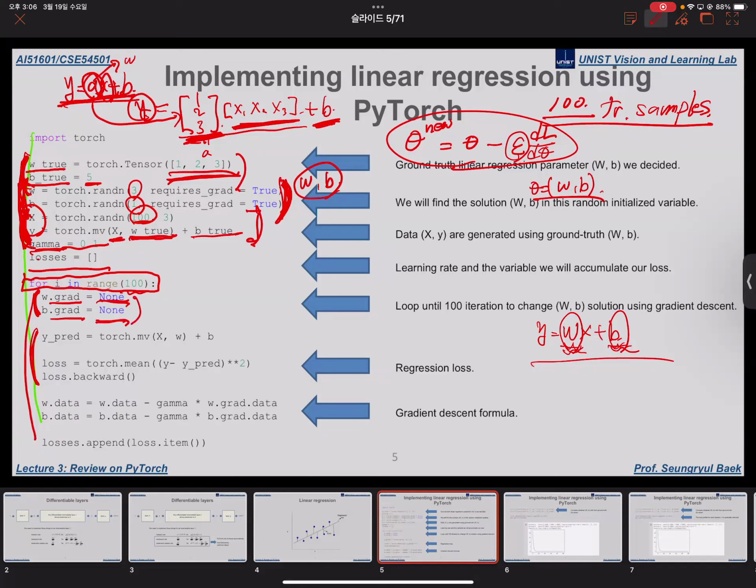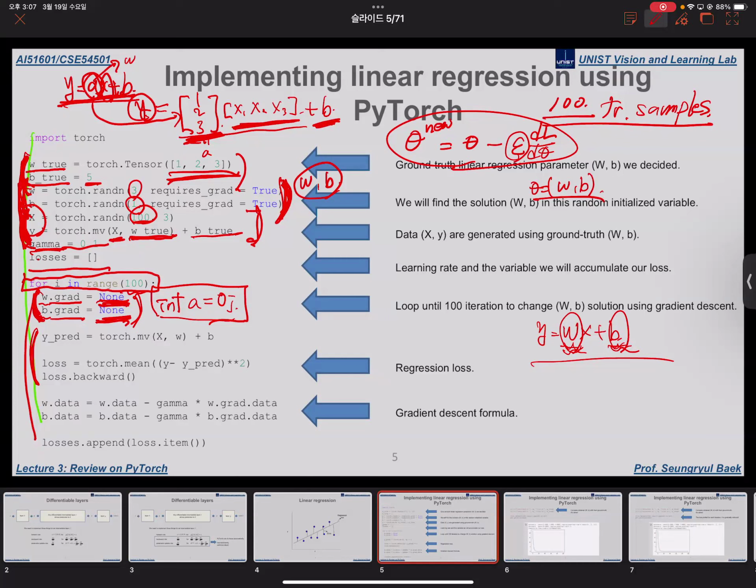I will explain that again later. But anyway, we have to initialize the gradient values of W and B with known values, unless there will be some garbage value. It's similar to initializing a variable in C++ with 0. So you can think of this as just initializing the gradient value.